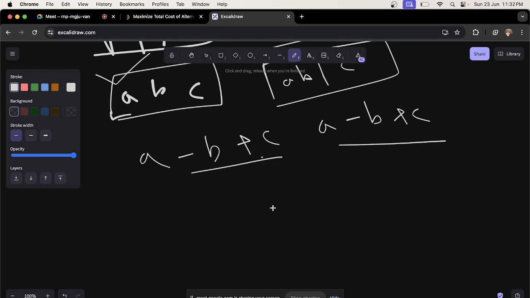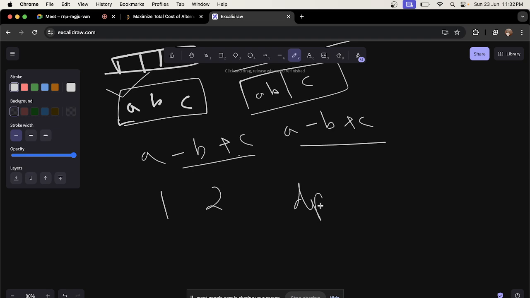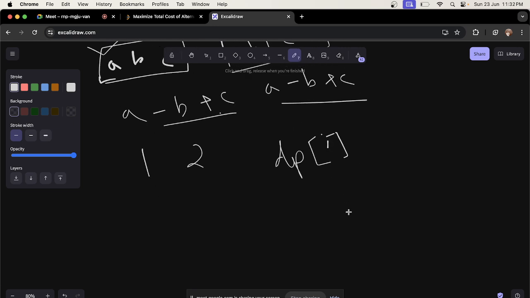So the observation is we will have subarrays of length 1 and subarrays of length 2. Now the DP becomes very easy. If I define dp[i] as the value considering the first i elements, we will have only two states.